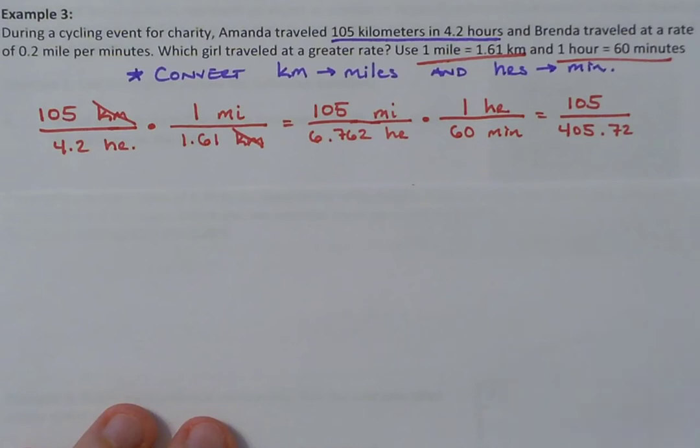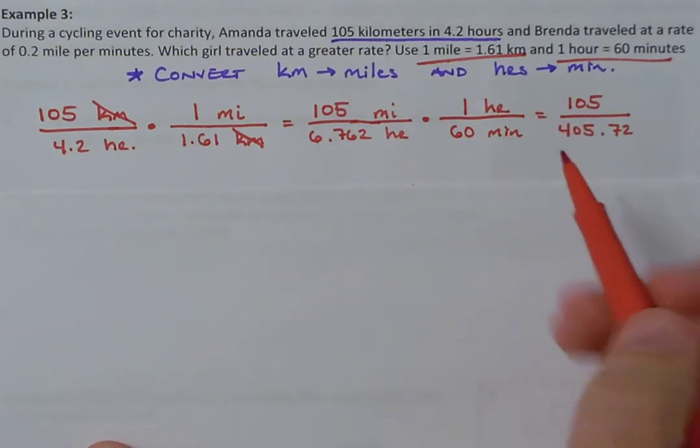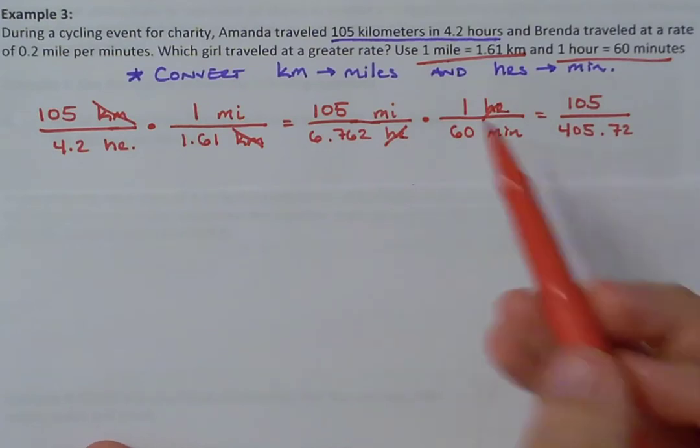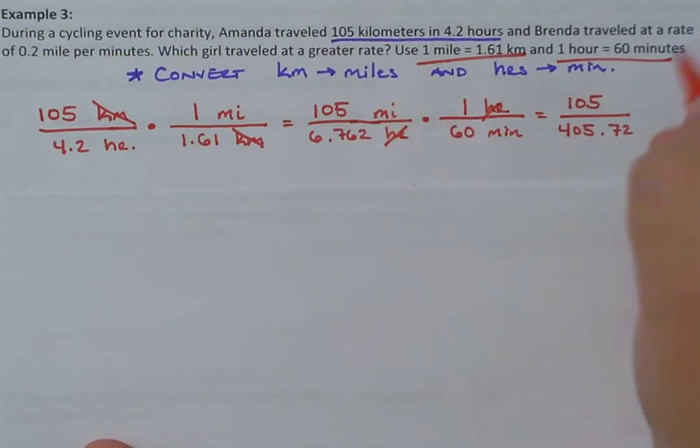Now, if we look at our units here, the hours have canceled out because I have it on top and bottom, and I'm left with miles and minutes. So I have 105 miles per 405.72 minutes. Now I have my same rate of miles per minute.